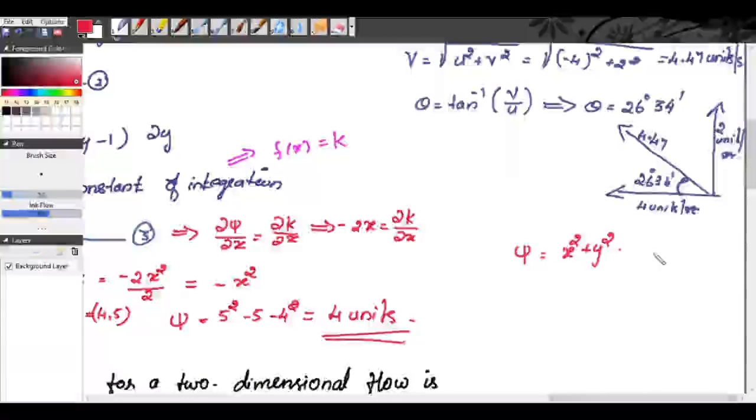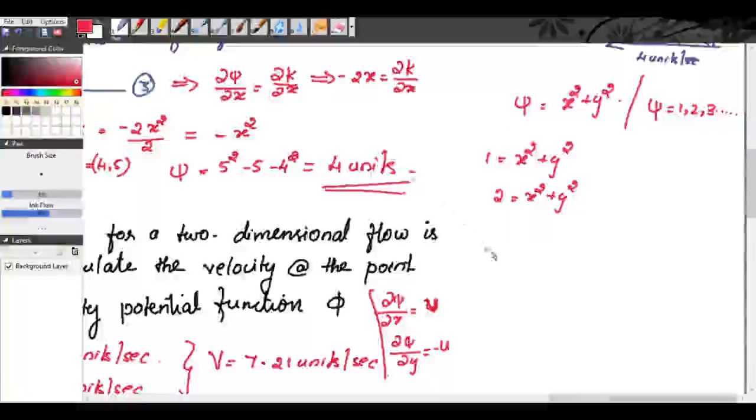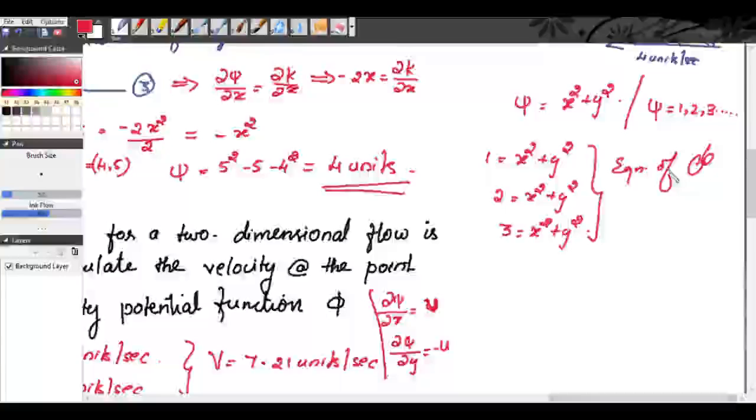Now substituting psi is equal to 1, 2, 3, etc., what we get is 1 is equal to x square plus y square, 2 is equal to x square plus y square, 3 is equal to x square plus y square, etc. All these equations are equations of a circle, and from these equations we can say that we get concentric circles of different diameters.